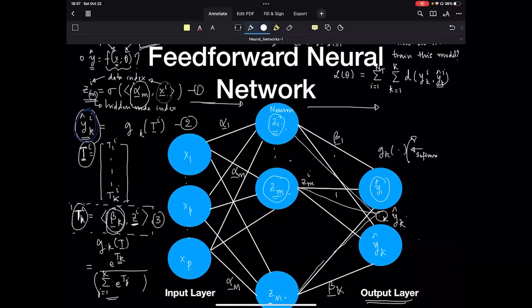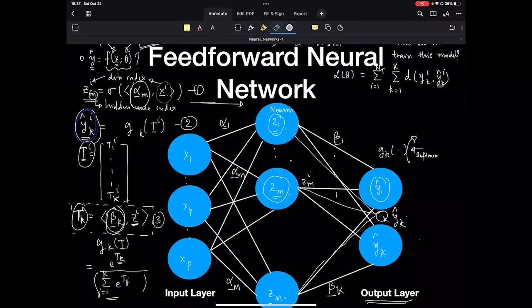I'll erase this arrow. So this is going to be, and I do hope you're all at your end working this out on a piece of paper, just to make sure that the clarity is there. So here I'm going to say Y_ki.